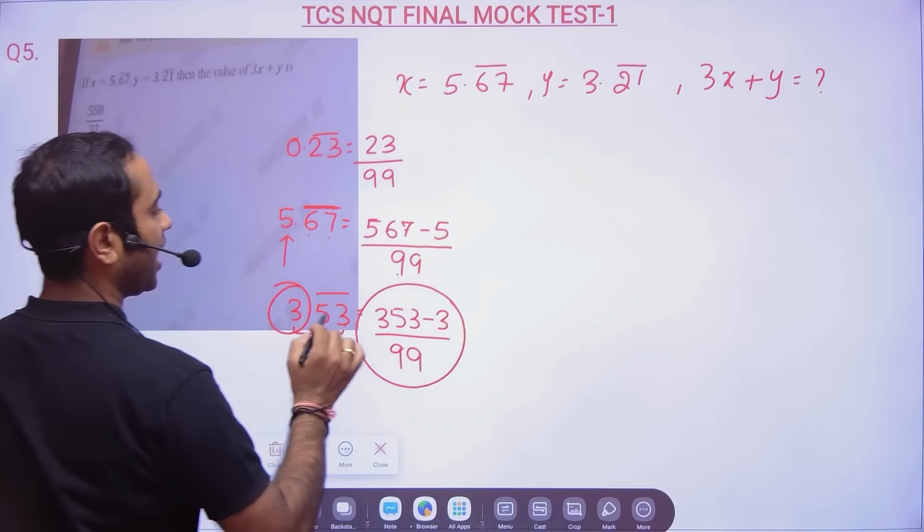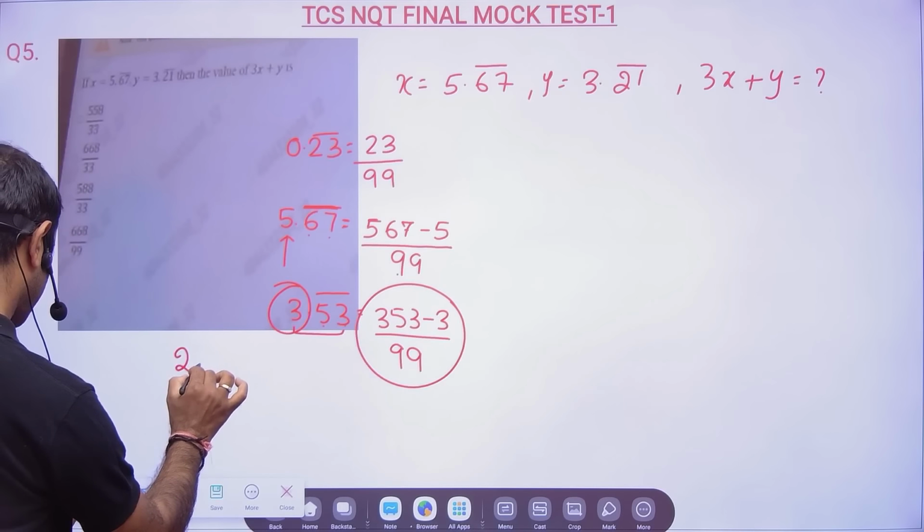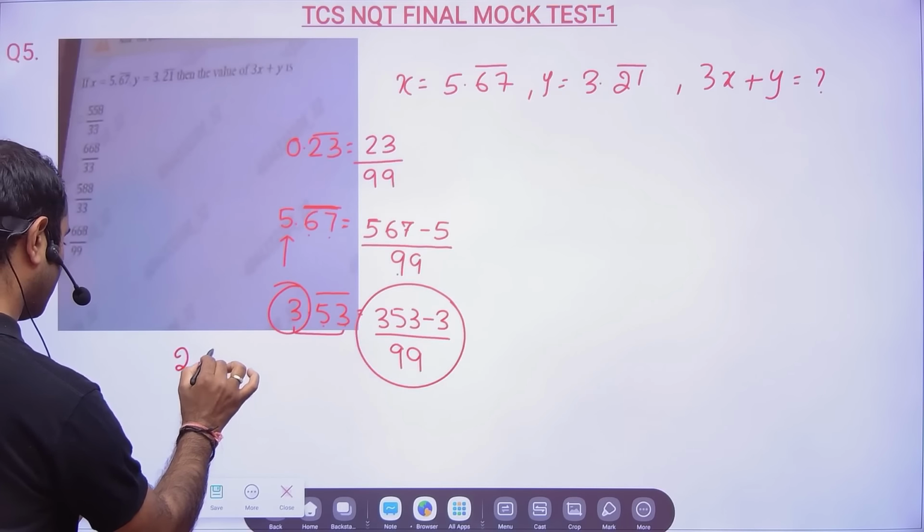Now let me take one more example. If we have 2.145 bar, what will we do? Always write the total number, so 2145, and keep in mind you have to subtract only the numbers where the bar is not there.